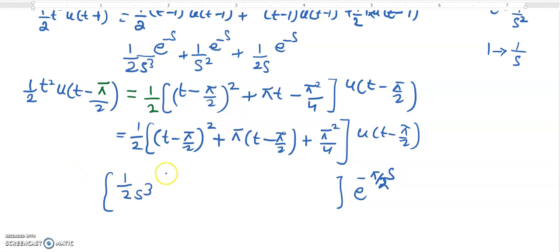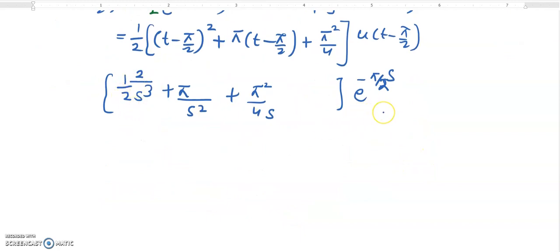Okay, and this is a t term, so it should be pi here. For the t term it is 1 over s squared, and the Laplace transform for this term is pi squared over 4s. And yeah, here I just forgot to put 2 over here because it is actually 2 factorial over s cubed.